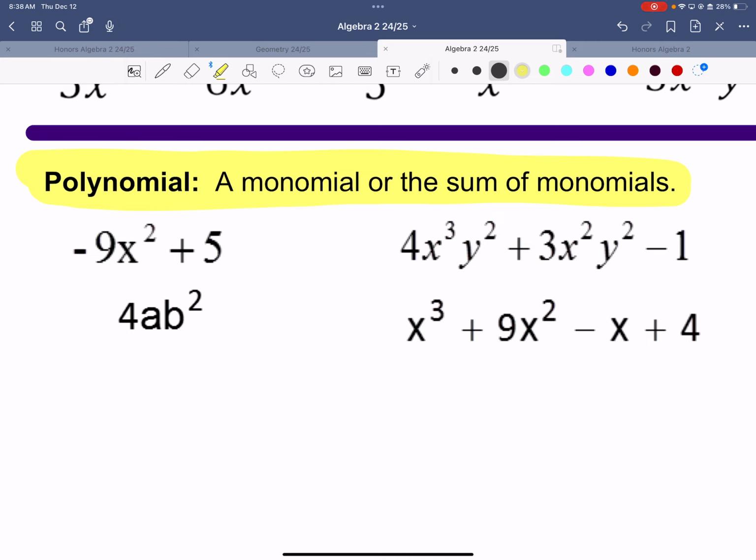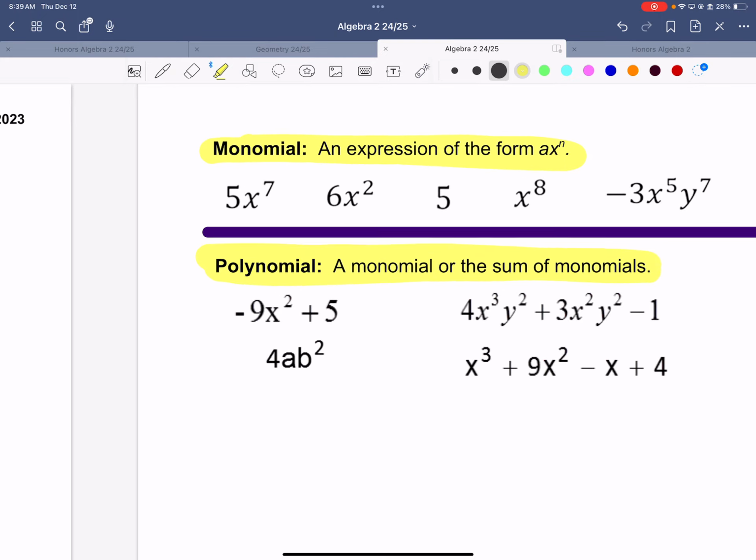Plus 5, because we're adding another monomial, it becomes a polynomial. I can change variables. I can have 4ab squared. It's a monomial, but it's also a polynomial. 4x cubed y squared plus 3x squared y squared minus 1. I've got x's, y's, exponents, and numbers. As long as they're being added together, it's considered a polynomial. Poly means many. So it's many monomials added and subtracted from each other that is considered a polynomial.